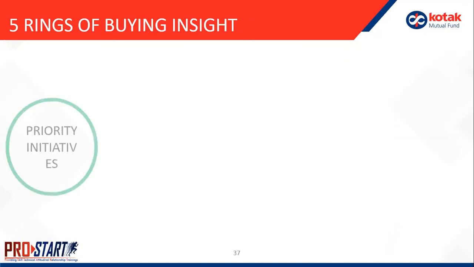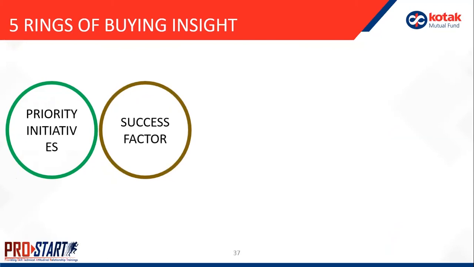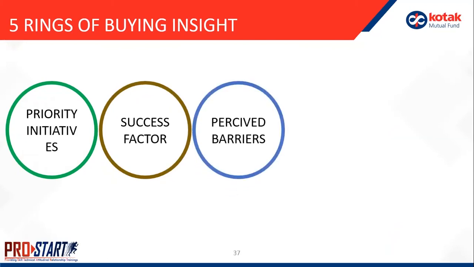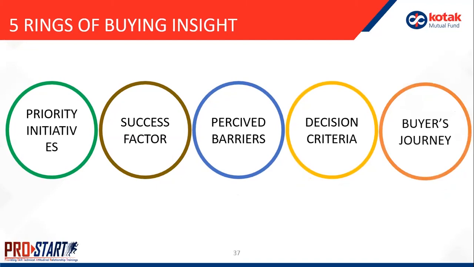The 5 rings of buying insight tell you what triggers the buyer's interest, that is the priority he has, how they define the success factor, what barriers or obstacles they see while purchasing your products and services, the decision criteria, and it also tells me about the buyer's journey. Let us go ahead and see this.